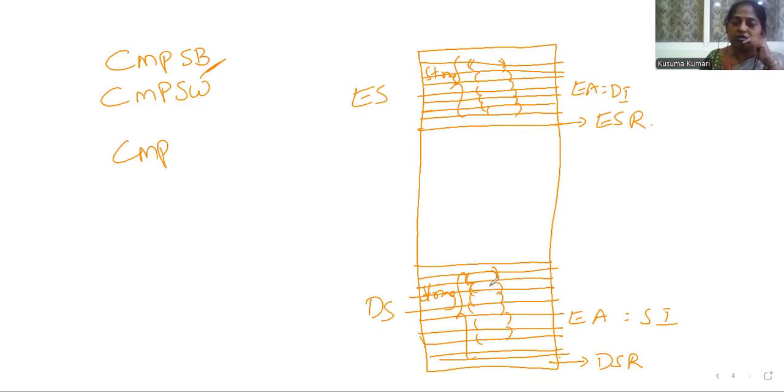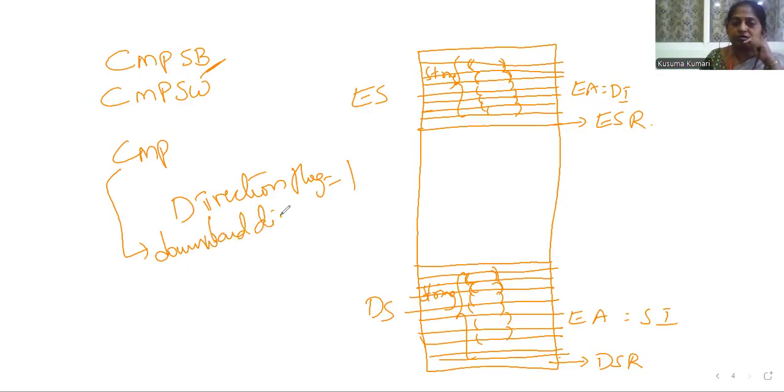This byte available in this memory location is compared with this byte in this memory location. Again, the direction flag is equal to 1. If the direction flag is equal to 1, comparison takes place in the downward direction.